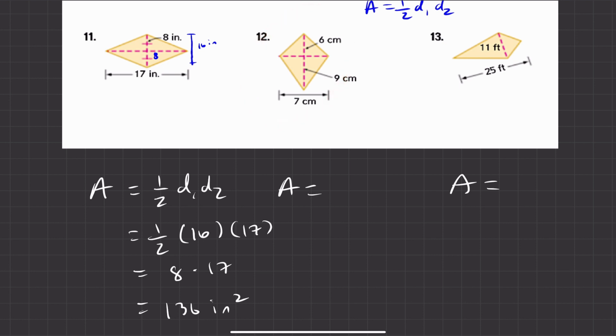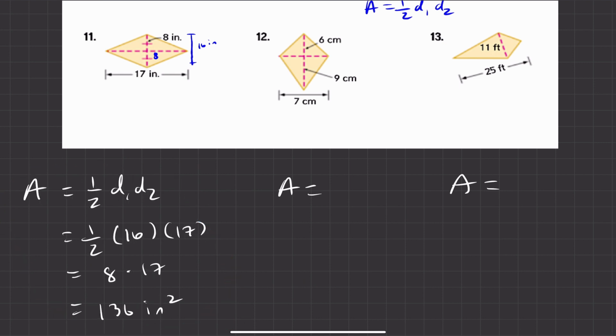And then number 12 is same thing. We do A equals 1/2 d1 d2. So that's equal to 1/2 of this diagonal, which is 7, and you multiply that by this diagonal. I can see that 6 plus 9, that's 15. That's how long that diagonal is. It's 15 centimeters. So I can put 15 here.